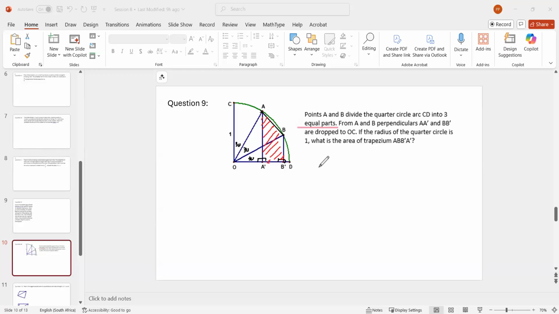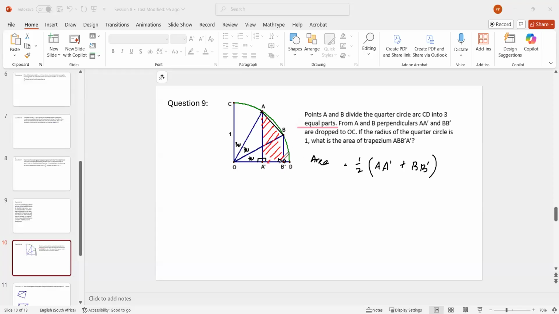So the area, we know the formula for the area of a trapezium. The area is, that's the question. What is the area of the trapezium? It's half the sum of the parallel sides. The sum of the parallel sides, so it's AA prime, is one side, plus the other parallel side is BB prime, and times the height, times the distance between them.